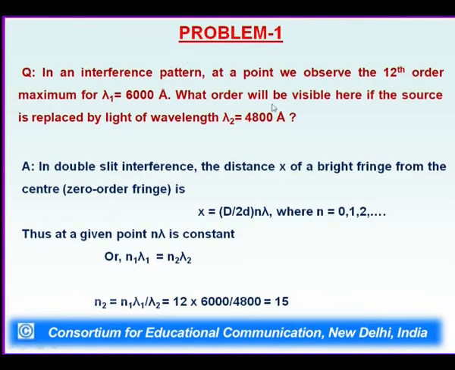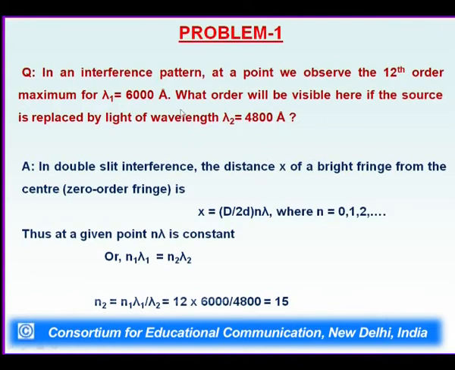What we are calculating here is what order will be visible if the source is replaced by light of lambda 1 of 6000 angstrom to lambda 2 of 4800 angstrom. Then n2 is equal to n1 lambda 1 by lambda 2. And what is n1? It is the 12th order, where the maximum wavelength is this one.